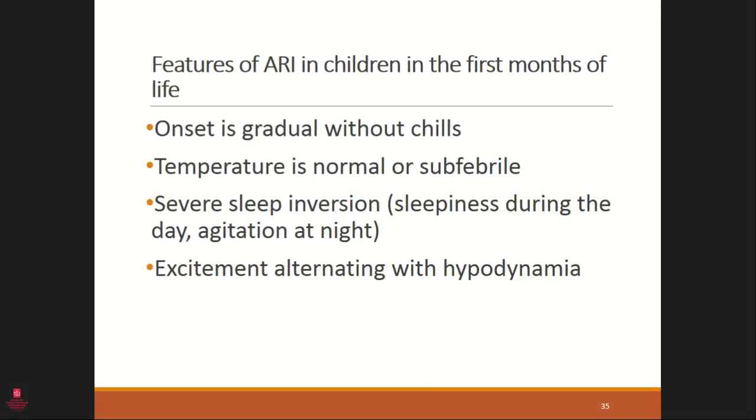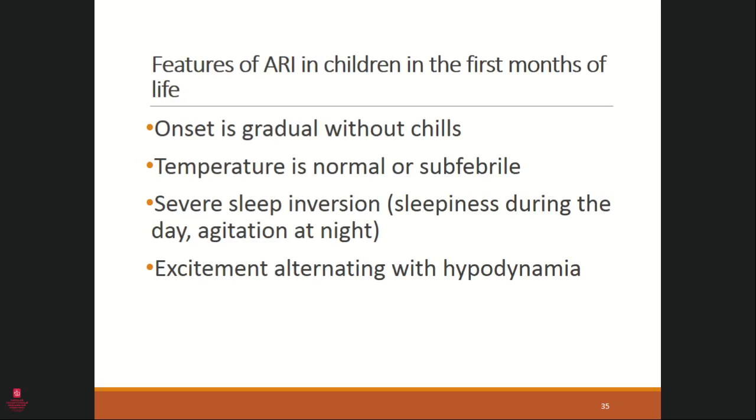Now let's talk about the main features of the clinical picture of acute respiratory infection in children of the first year of life. The main difference is that they never have a typical clinical picture. The temperature is low, up to 37.5.